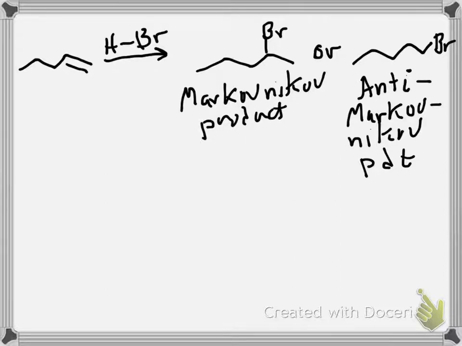So as you know, in this reaction, the pi electrons are used to form a bond between one of the two carbons and the hydrogen, and then the sigma electrons in the HBr bond end up on the bromine. And so I get two possible carbocations.